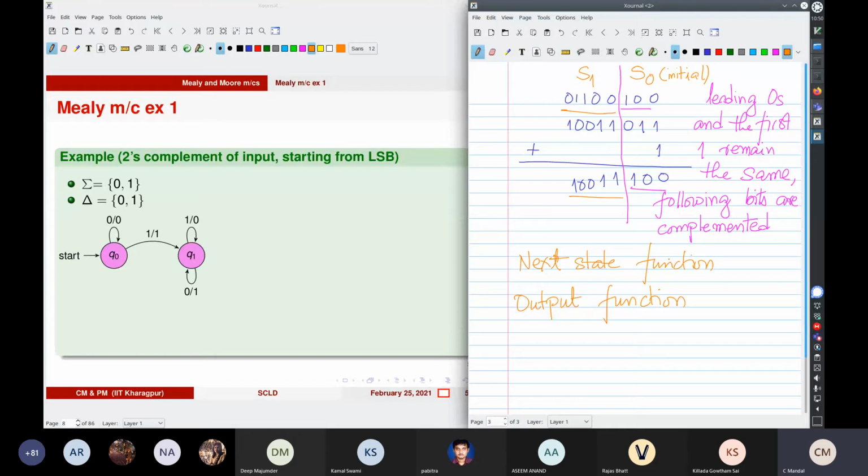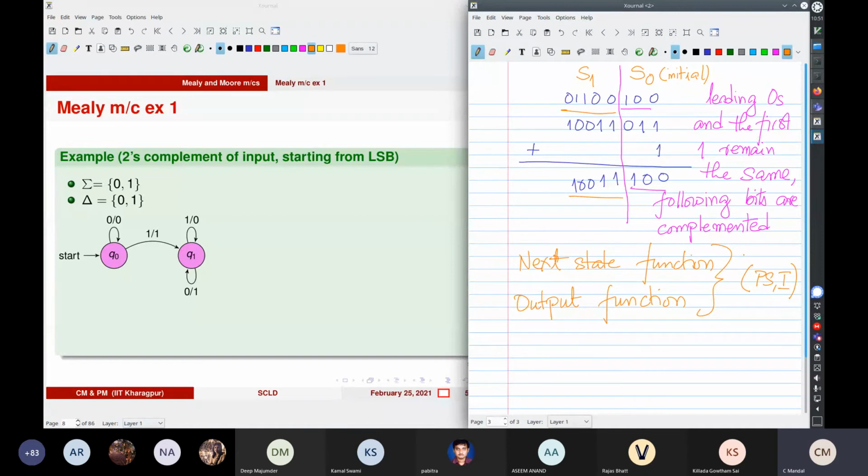As you know, for a Mealy machine, both these functions depend on the input and the present state, right? Or either way, maybe it will be easier to think they depend on the present state and the input.